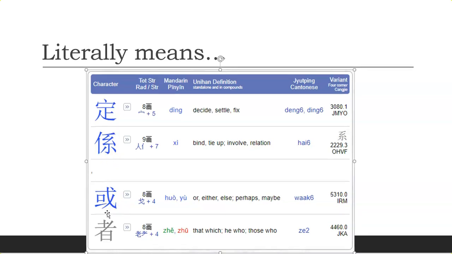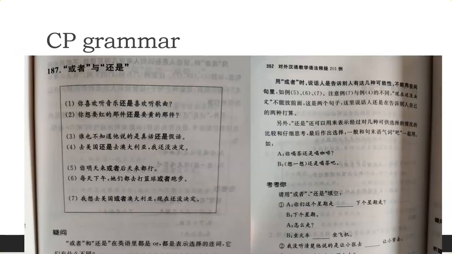For people who use 或者, it's a statement, so it's more confirmed, and you will be able to tell people the possibilities that lie ahead.